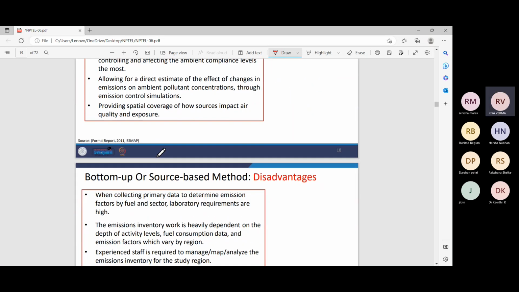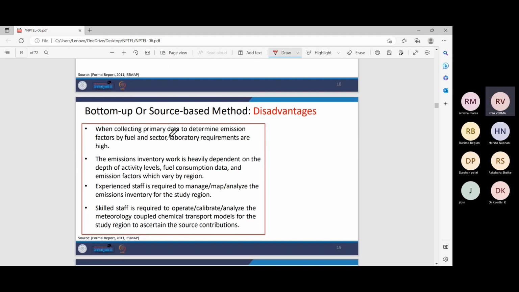Now, we also have some disadvantages of these source-based methods. First, while we collect the primary data to determine the emission factors by fuel and sector, the requirement for laboratory equipment is quite high. Next, the emission inventory work is heavily dependent on the depth of activity levels, fuel consumption data, and emission factors, which can vary region by region.